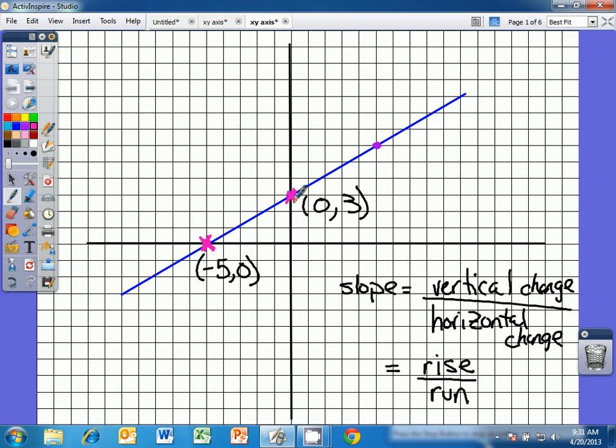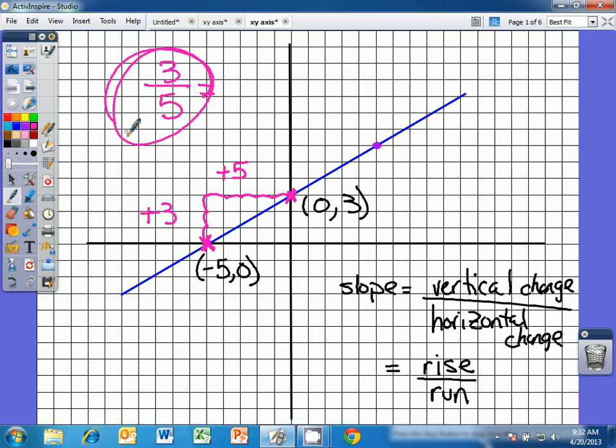I'm going to walk up 1, 2, 3. Because I walked up, that's a positive direction, positive 3. And then I'm going to walk to the right, 1, 2, 3, 4, 5. Because I went to the right, that's also a positive direction, so that's positive 5. And if my slope is determined by rise over run, that's a positive 3 over a positive 5, which is 3/5, same as we determined algebraically.